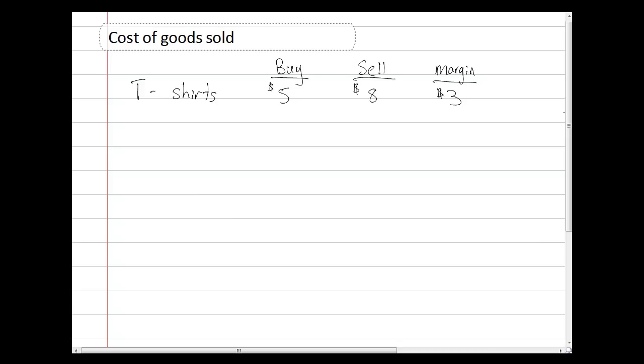So let's assume that this is a new business, and at the beginning of the month I decide to buy 10 t-shirts which I hope to sell. And so basically what's going to end up happening is I'm going to buy 10 at basically my cost, which is $5, which is going to equal $50 in purchases.